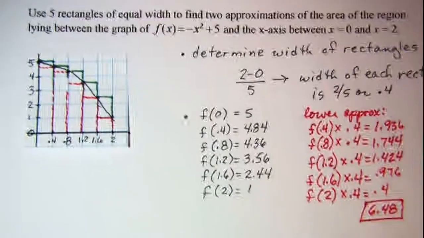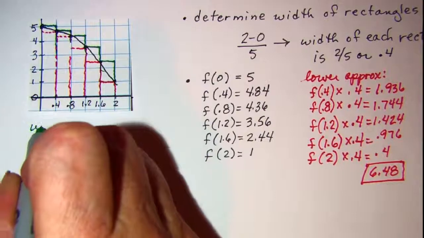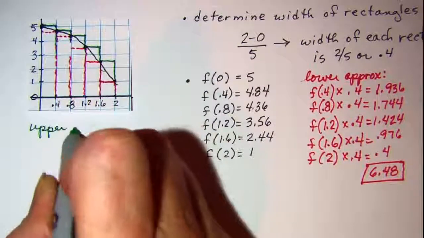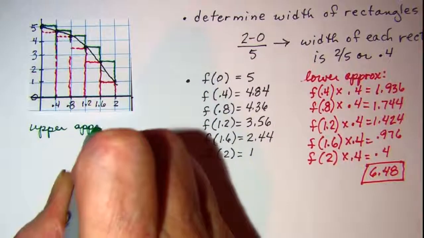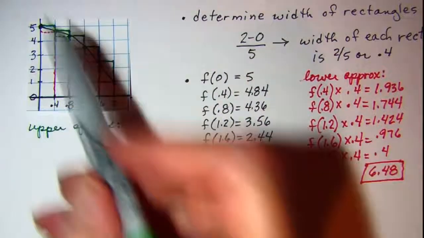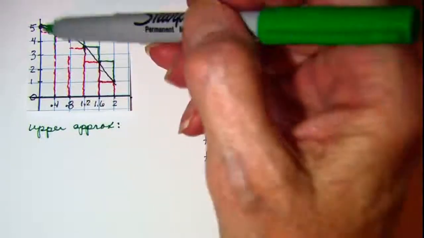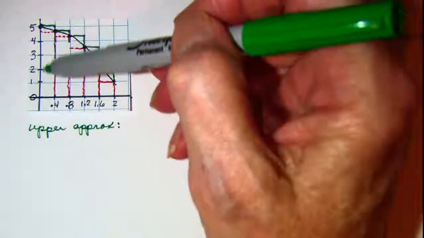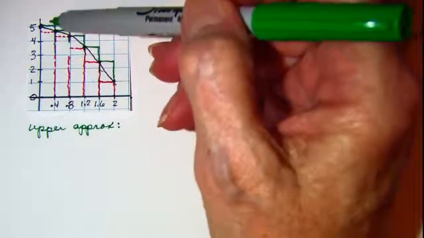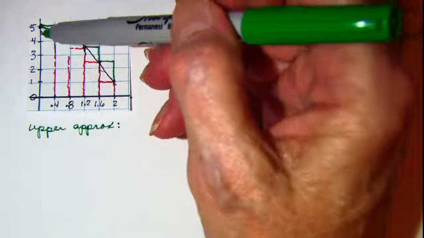My upper approximation, let me put that here. That's going to be the green rectangle. So the first rectangle has a height, the y value when x is 0.